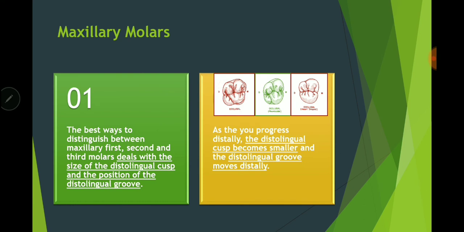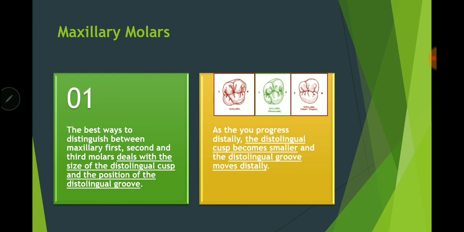So this slide here distinguishes the maxillary first, second, and third molars. So the best way to distinguish between maxillary first, second, and third molars deals with the size of the distal lingual cusp and the position of the distal lingual groove. You have to remember that, okay?